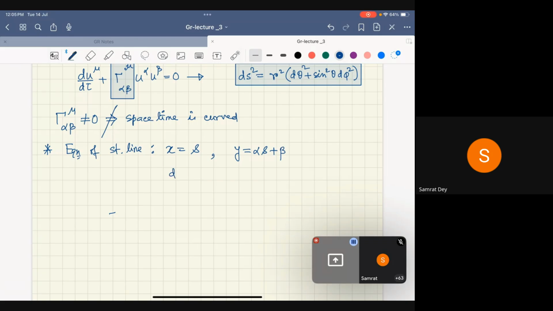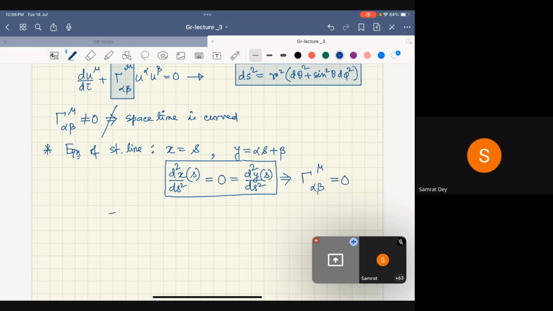Accordingly you will immediately find that your equation for x and y in terms of the parameter s will give you this set of equations as the equation of your straight line. And if you calculate the Christoffel symbols from here, you will clearly find that gamma mu alpha beta equal to 0.